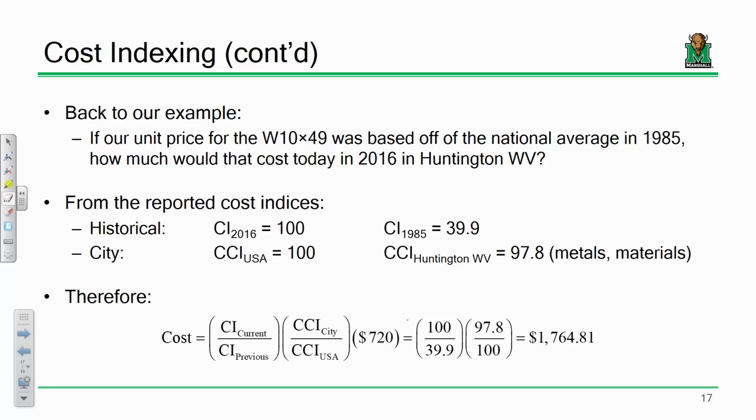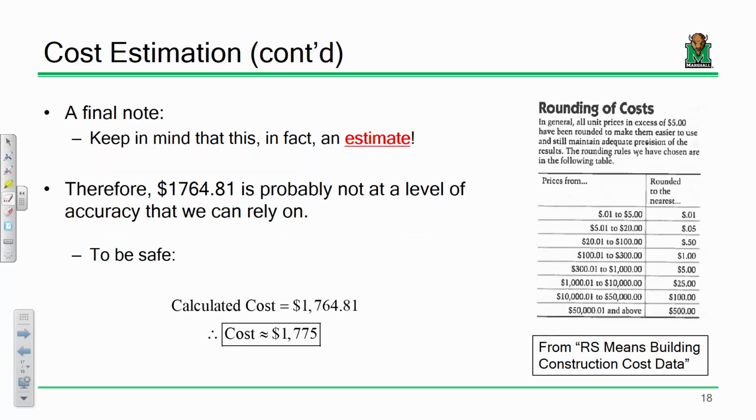It's probably going to be close. It's probably not going to be exact. You see what I mean? So when you're expressing these cost estimates, be reasonable with it. Round your values off to something that makes sense. Like for instance, this is a guide over here on the right. If you have a project that's going to be anywhere between, let's say, a $10,000 project and a $50,000 project.